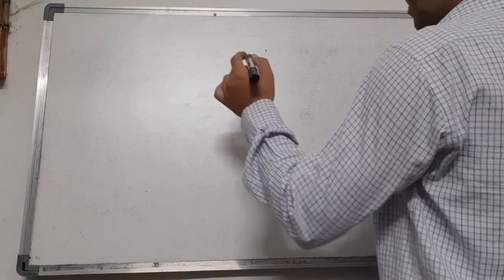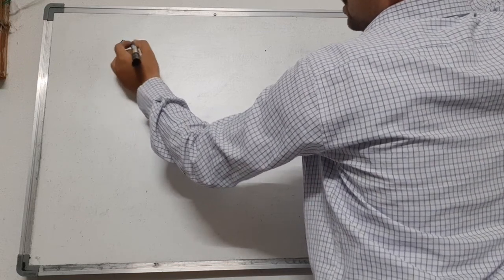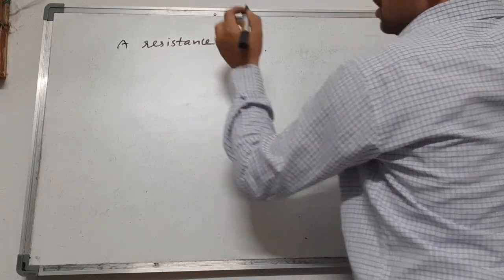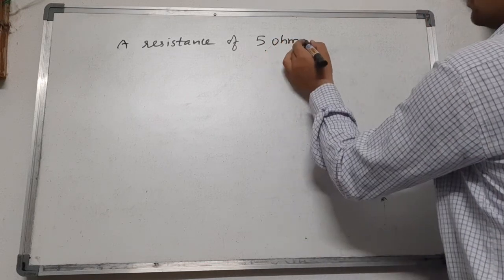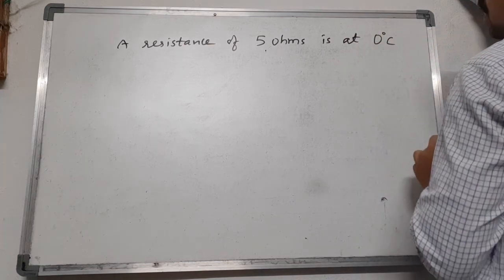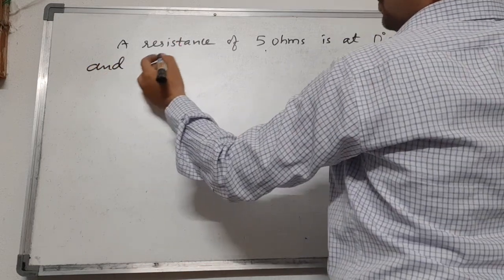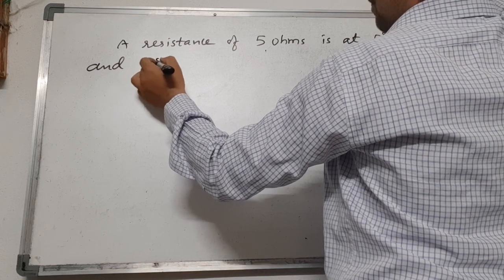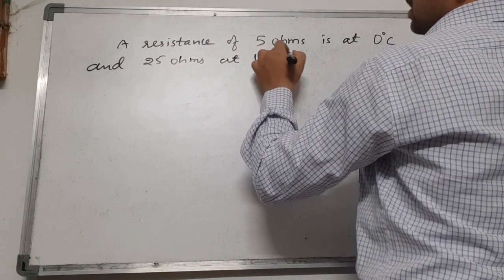Suppose a resistance of 5 ohms is at 0 degrees Celsius, that is the melting point of ice, and 25 ohms at 100 degrees Celsius.